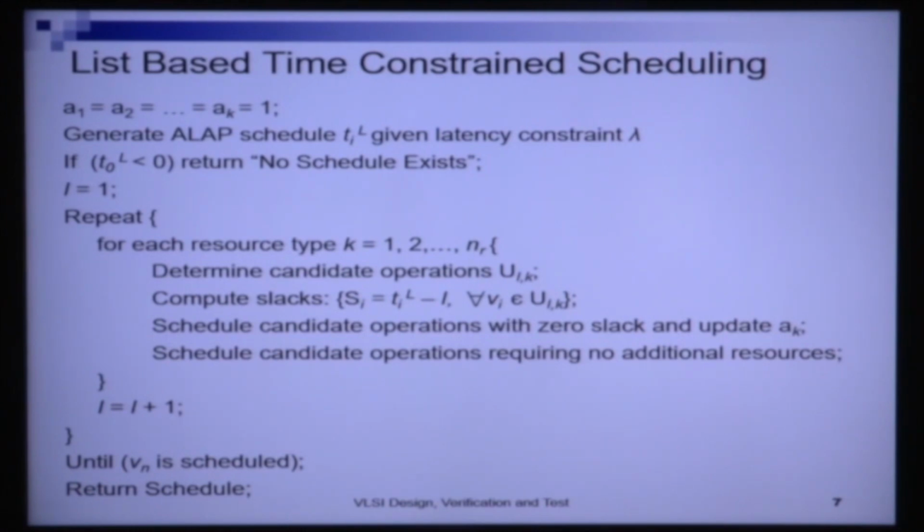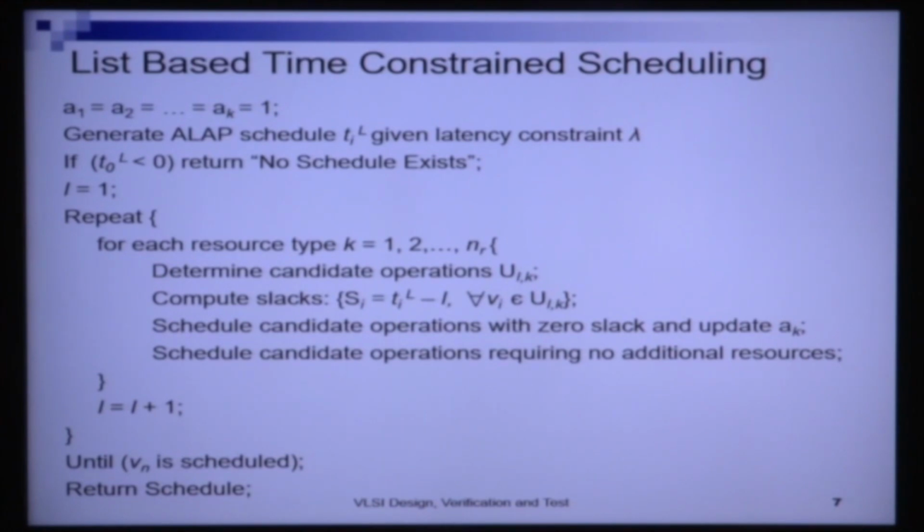So, again, what are we seeing here? For each resource type, k equals 1, 2, up to n, we will take the first resource type. We determine the candidate operations for this resource type that are unscheduled and ready. For these unscheduled and ready operations, we find out the maximum slack. What is slack?